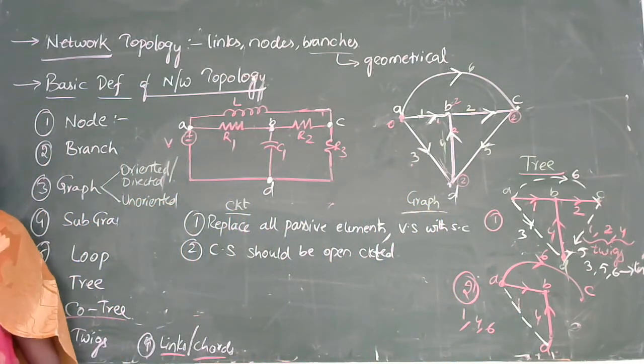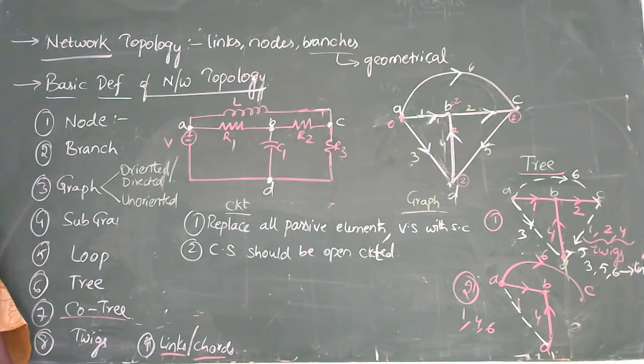These concepts of tree, co-tree, link and twig are used in matrices of network topology, which we are going to discuss in the next session. So we need to remember what is meant by a tree, a twig, a co-tree, and a link.